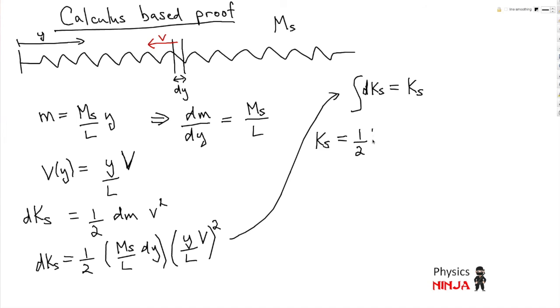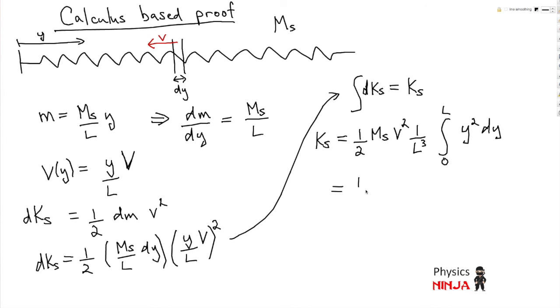There's the 1/2, there's ms, there's a velocity squared term there, and here I have L once, and I'm going to have L squared from this term, so at the end I'm left with 1 over L cubed, and I'm left with integrating over the total length of the spring from 0 all the way to L of a function that looks like y squared dy.